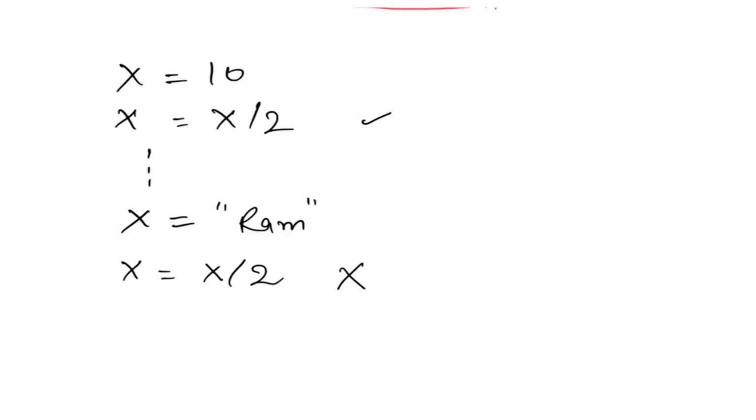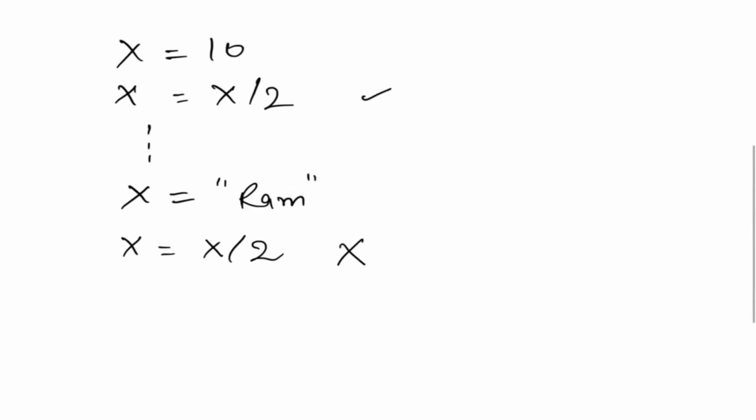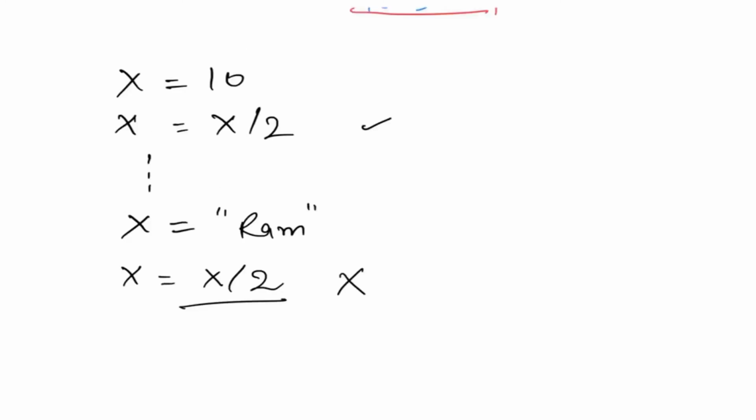Before applying an operator in a dynamically typed language, we should check that the variable contains a valid data item. We shouldn't apply an arithmetic operator on a string data item, otherwise it will throw an error. So these are the things we should know about dynamically typed languages, and Python is a dynamically typed language.